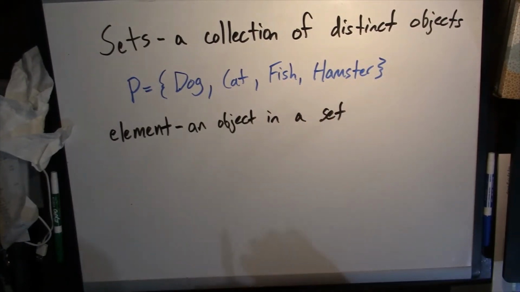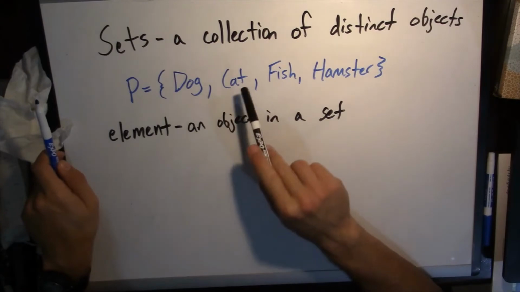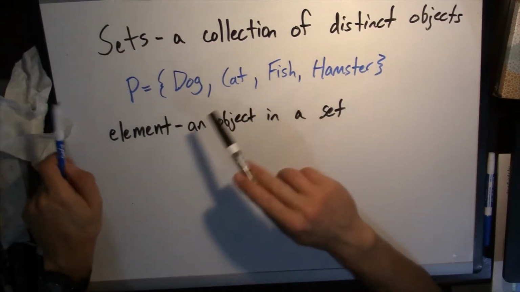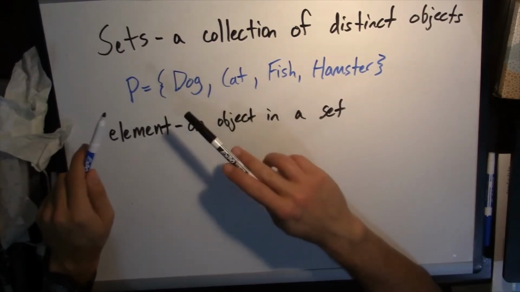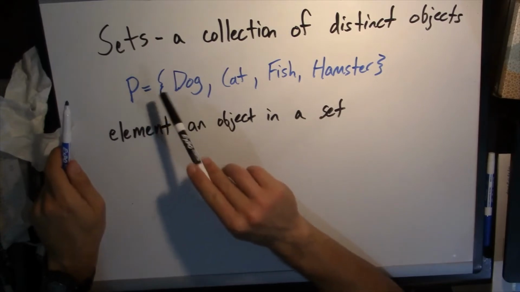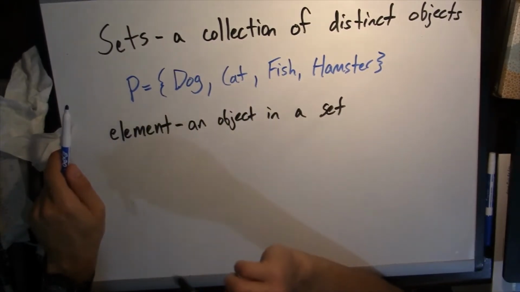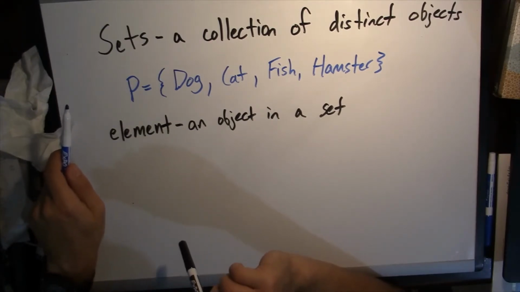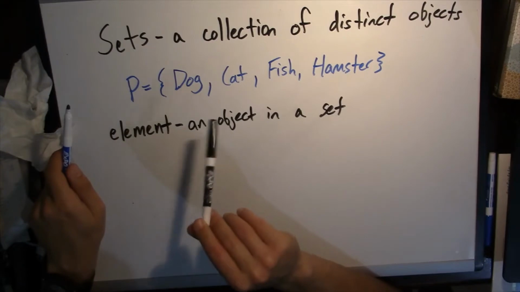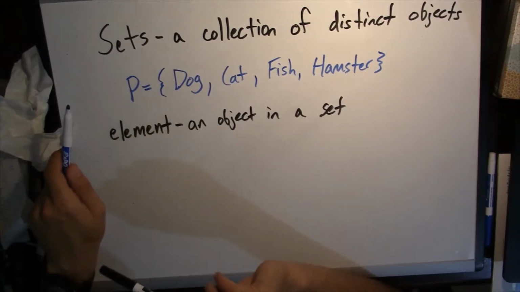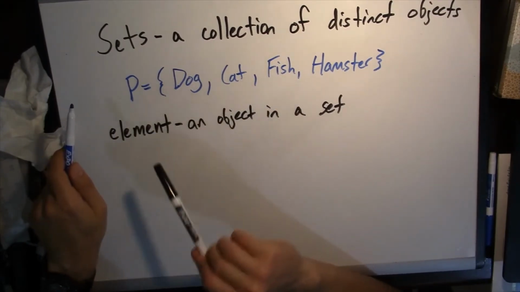So in this example, dog, cat, fish, and hamster are all elements of the set P. So I called the set P. Each individual object is an element of P. If we talked about a different animal, for example, let's say a snake, snake is not an element of P because it's not in the set.